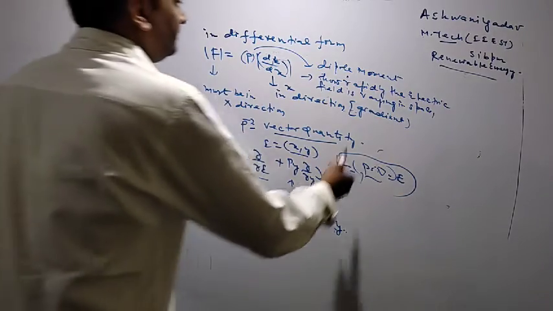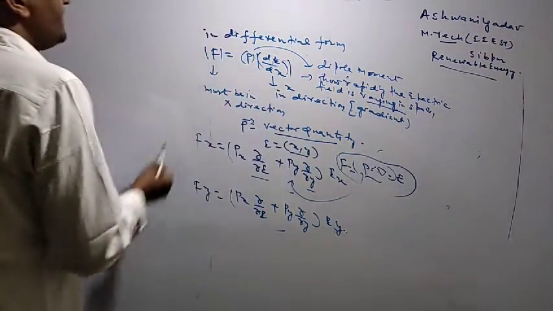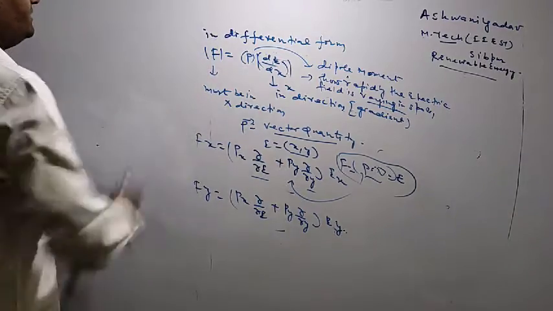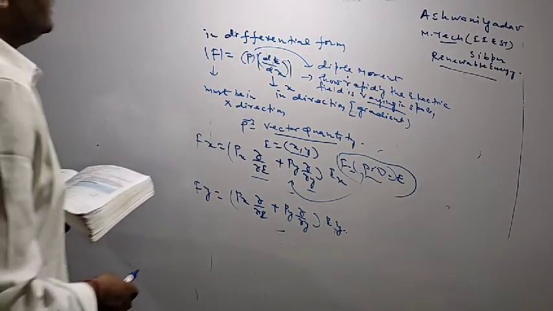If it is varying faster, then you find more force. Force strength is higher.